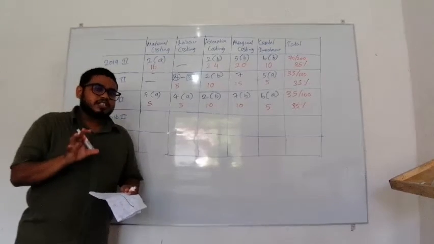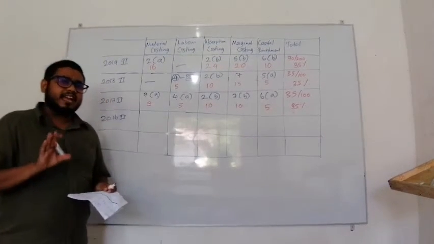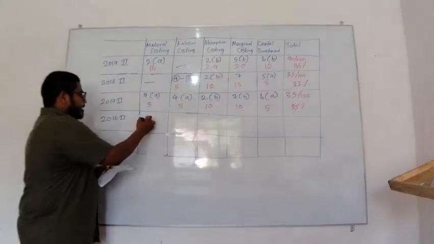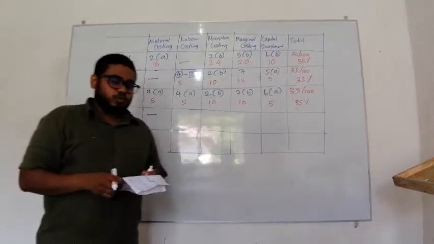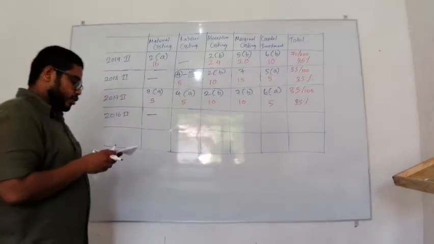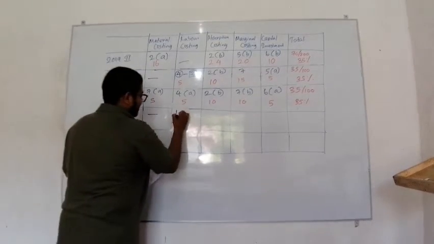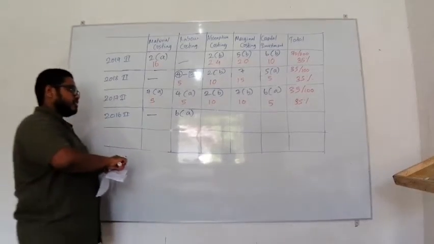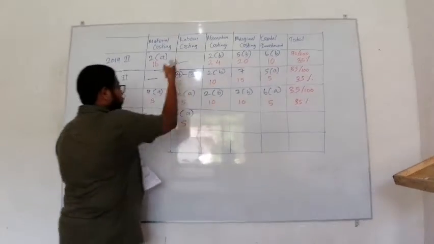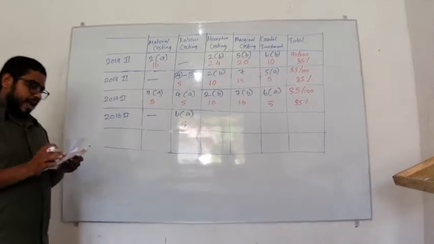When it comes to 2016, you can't find any question related to material costing in part 2 of your accounting paper. And you can find question 6A, which carries 5 marks, related to labor costing.